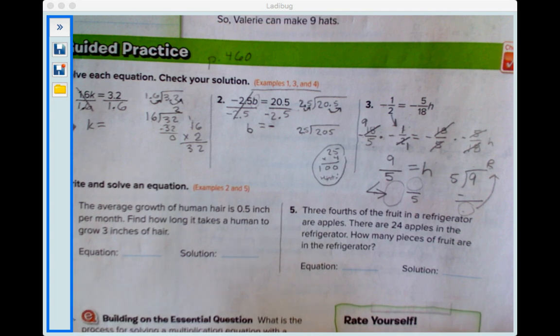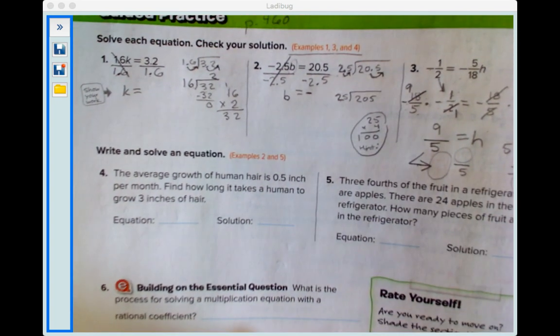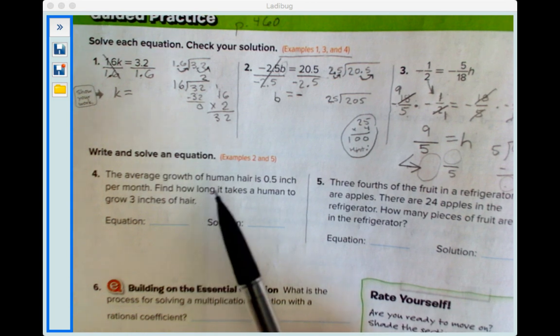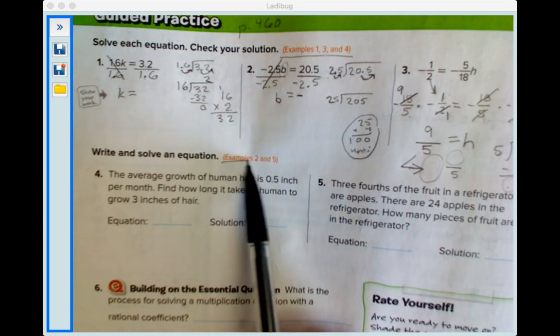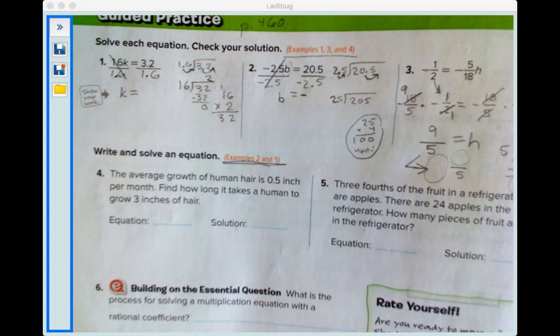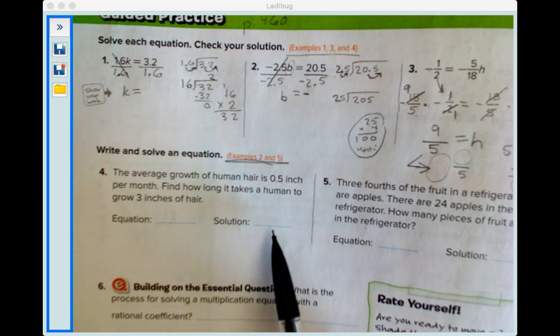Let's do number 4. Write and solve an equation. In this one, you will use examples 2 and 5 for your answer. So there's going to be 2 separate answers, an equation and a solution.